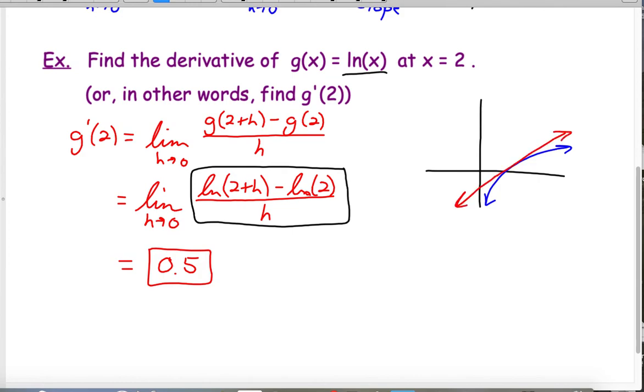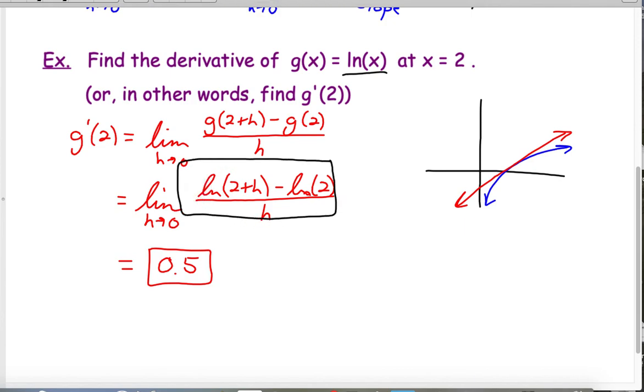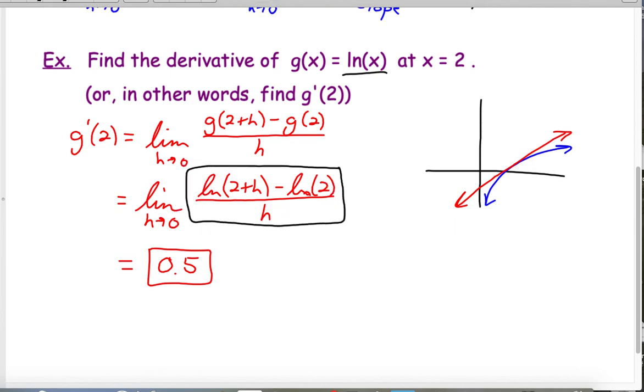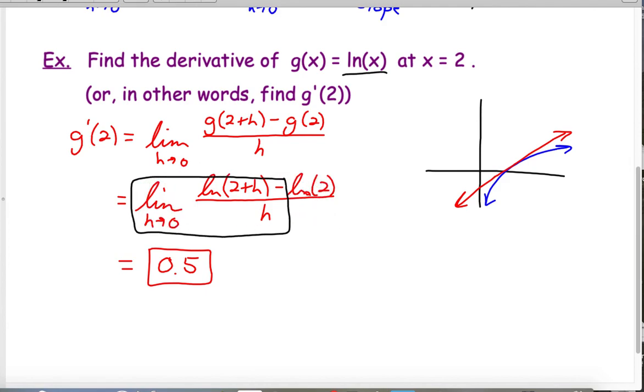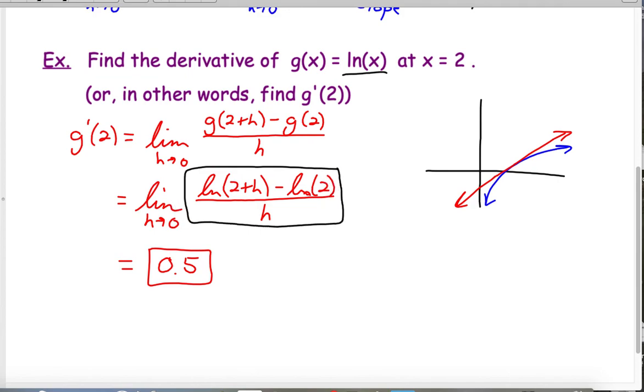What I did was I looked at this difference quotient as a separate function, and I found the limit of that function as x approached 0, and I got 0.5. So that's one way to handle problems like this where you can't simplify anymore to figure out the limit without using a calculator.